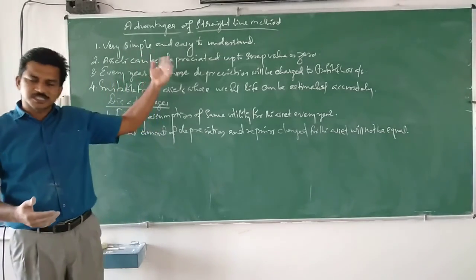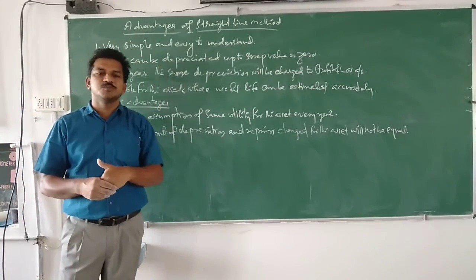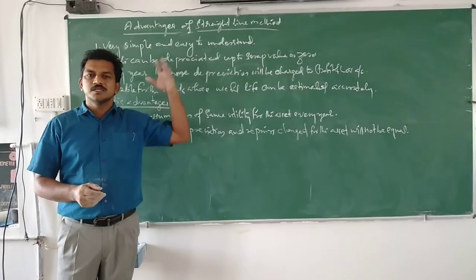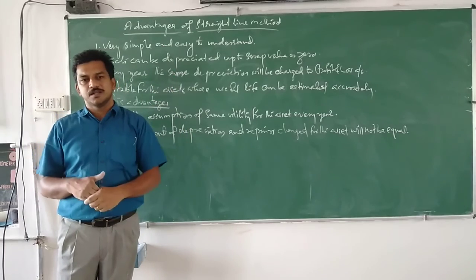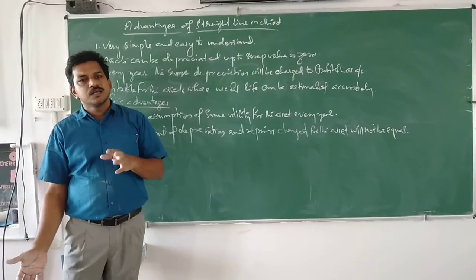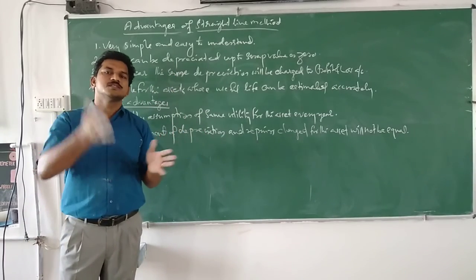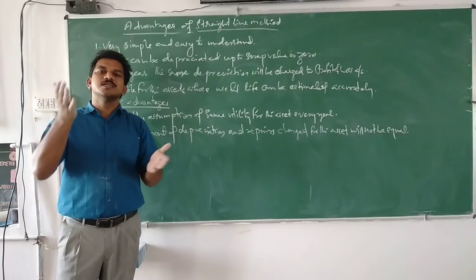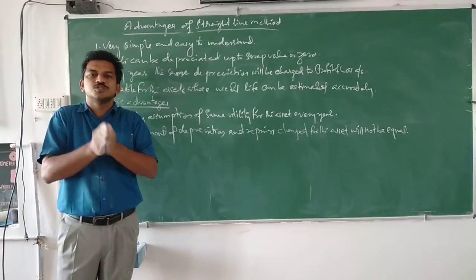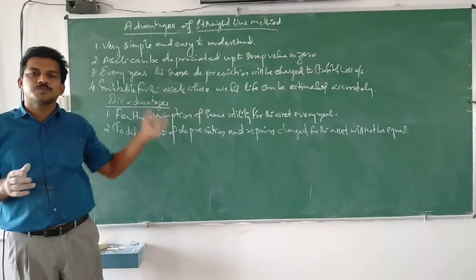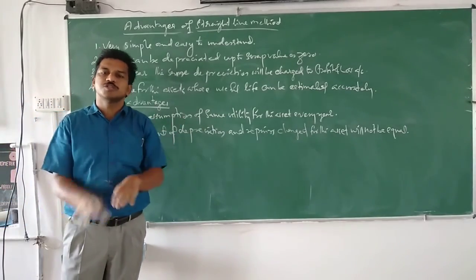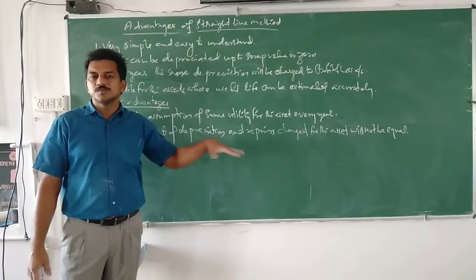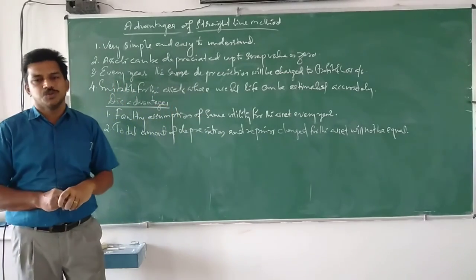But in the next method we are going to discuss, the diminishing balance method, depreciation decreases every year and repair charges increase every year. So the total amount charged to profit and loss account for repairs and depreciation will be almost equal in that method. But in this method it is not equal.